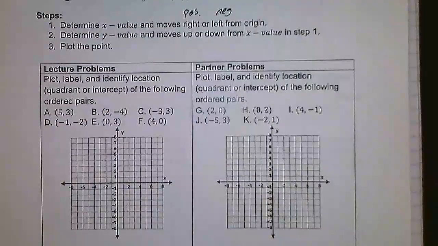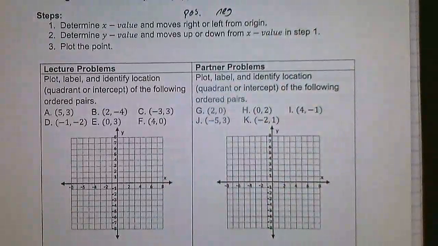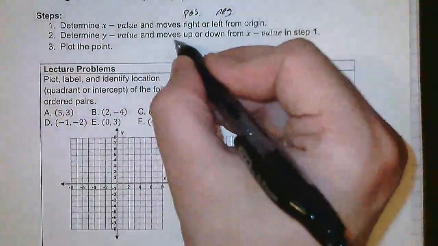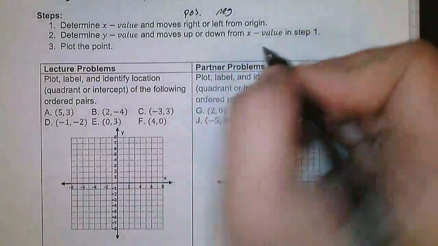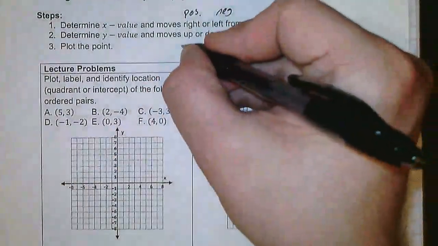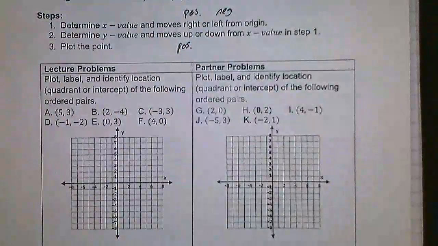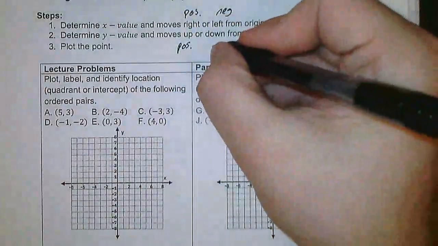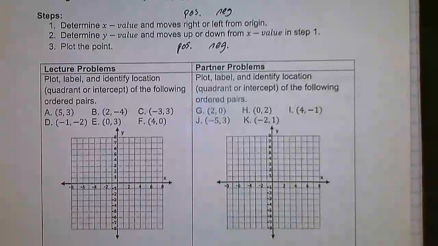To the right of 0, the numbers are positive. To the left of 0, the numbers are negative. And then from the x value, we determine the y value and move up or down from the x value in step 1. And again, if we're moving up, that's in the positive direction. If we're moving down, then we have a negative value.